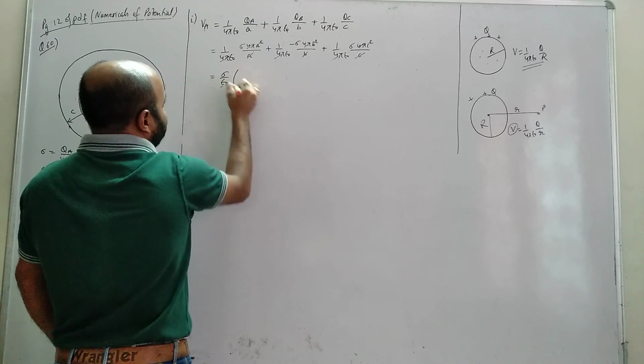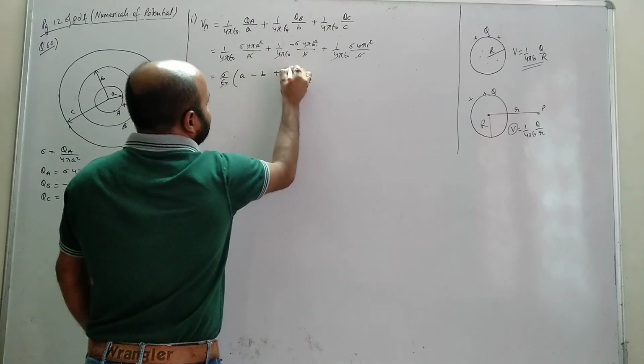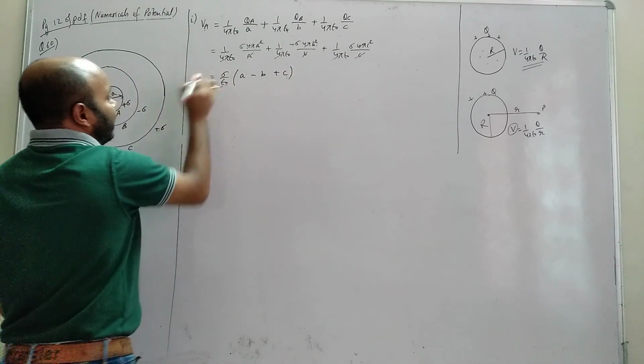Sigma by epsilon. What is left here? A minus B plus C. So this is the potential at A.